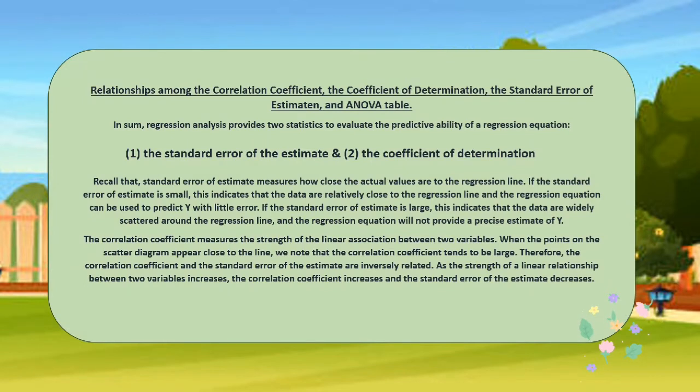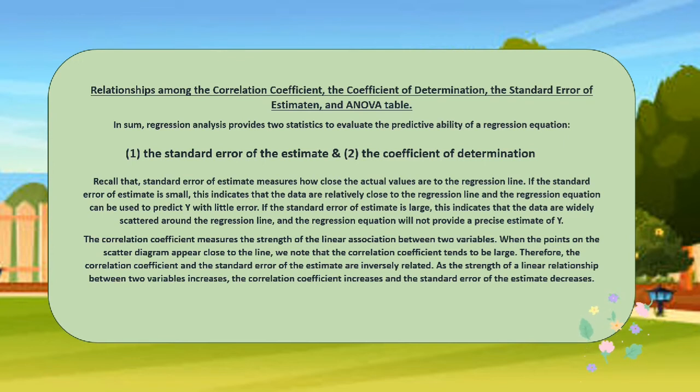Relationship among the correlation coefficient, the coefficient of determination, the standard error of estimate, and ANOVA table. In sum, regression analysis provides two statistics to evaluate the predictive ability of a regression equation. That is, first, the standard error of the estimate, and second, the coefficient of determination. Recall that the standard error of the estimate measures how close the actual values are to the regression line.